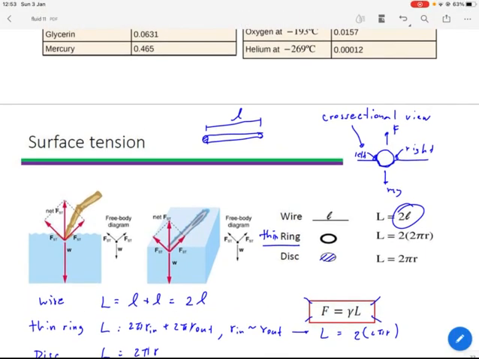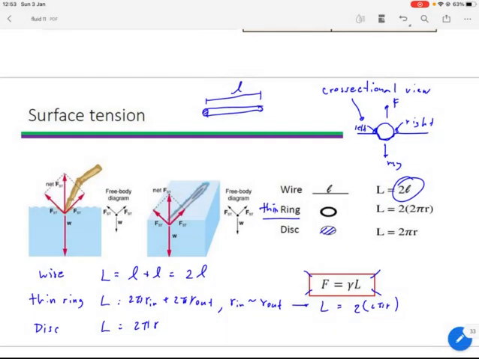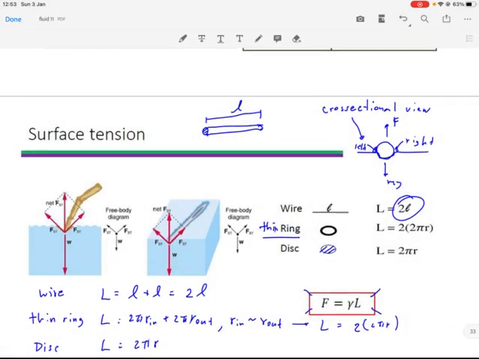But again, if F equal to gamma L is constant, it means that when you put objects made of different materials that have the same geometry but different density, they have different mg, right? Can you follow me?